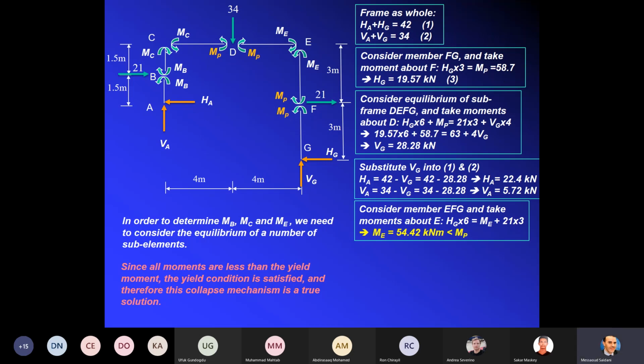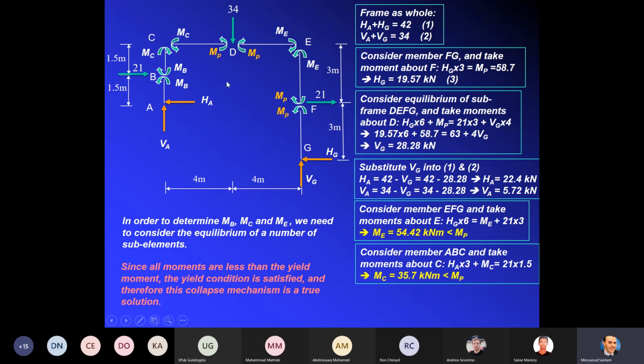Now we move on to the other side of the column, as I said earlier, to determine MB and MC. So first of all, considering this column here, ABC, we are taking a cut at C now. Clockwise, we have HA times 3, and then clockwise we have MC.